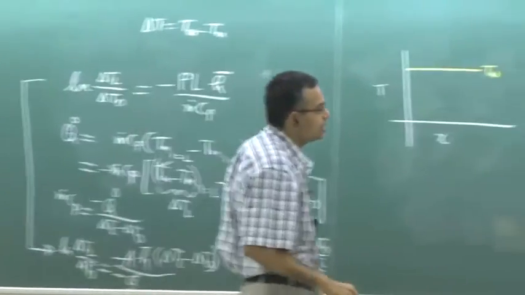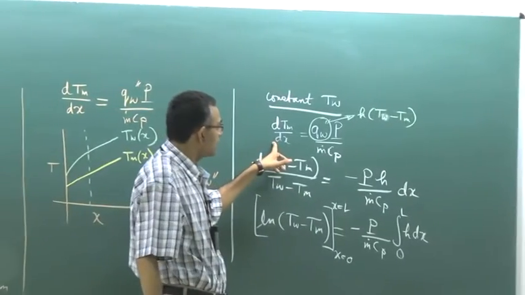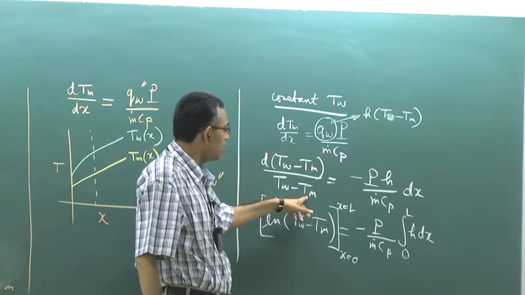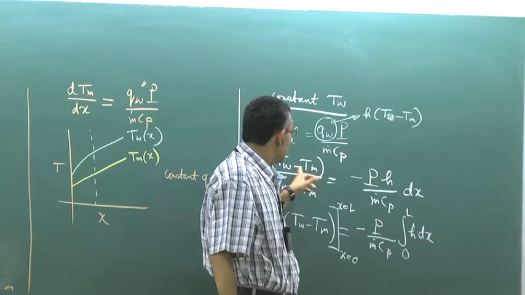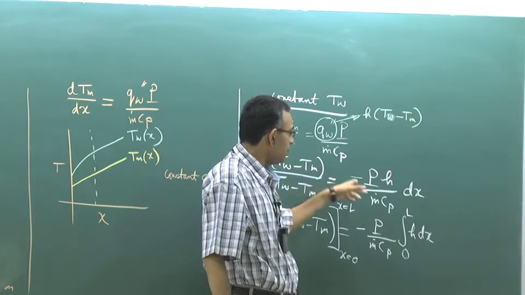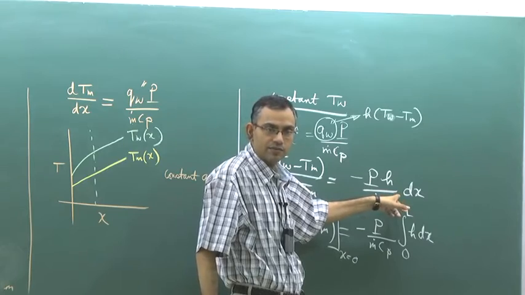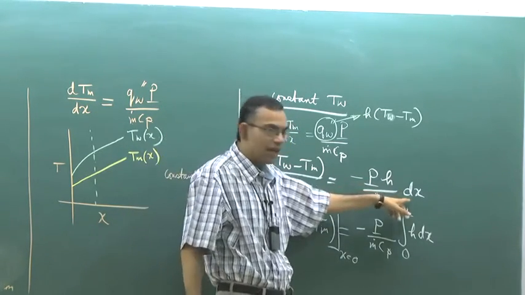See, look at this equation, d of T wall minus Tm by T wall minus Tm is this. So that means this T wall minus Tm varies with e to the power minus x, right, because log of this varies with minus x.